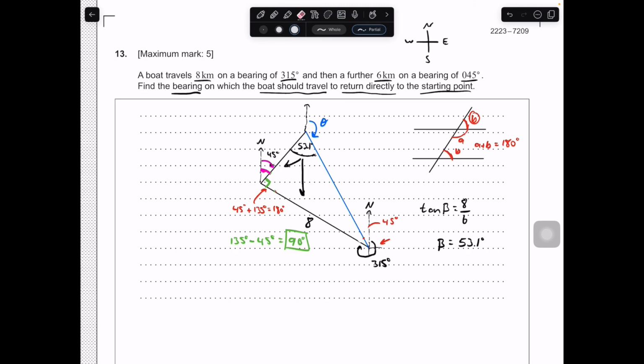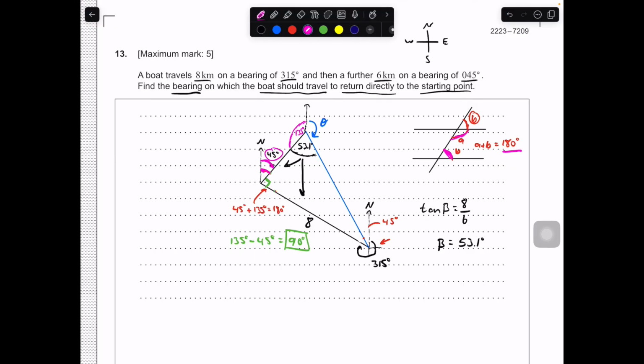So why this angle? Why this one of all? Because if we continue with our angle pairs, we know that this angle is 45 degrees. And if this is 45 degrees, then this has to be 135 degrees, because we're drawing again on this angle relationship here. Co-interior angles sum to 180 degrees.